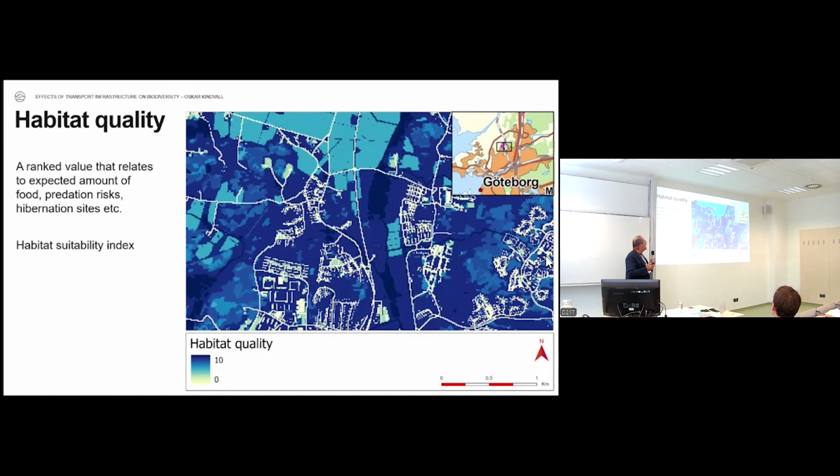But in this case, the quality aspect is based on the biotope out there, in combination with an expert-based idea of how relatively good that habitat or biotope is for the species.